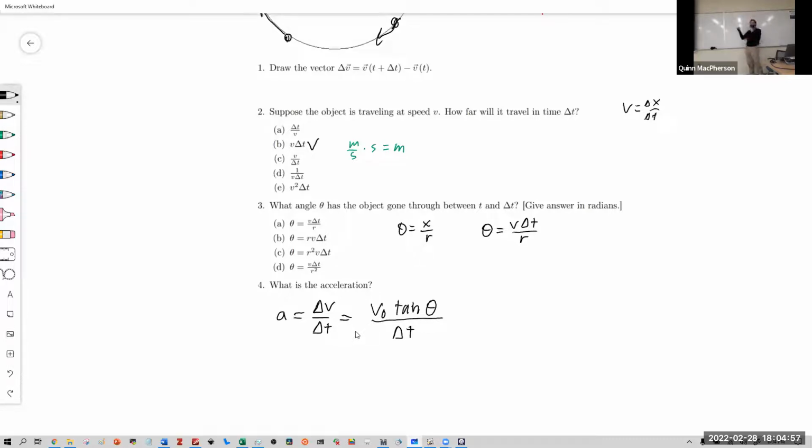This is a small number, right? So if your angle in radians is small, then tangent of theta equals theta. Fun fact, sine of theta is also theta. Try sine of 0.001. What do you get?